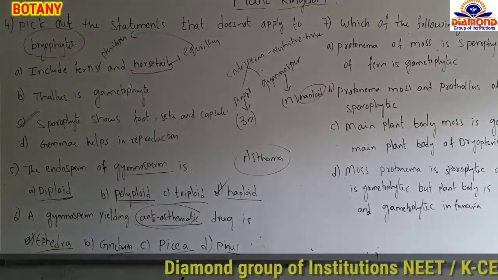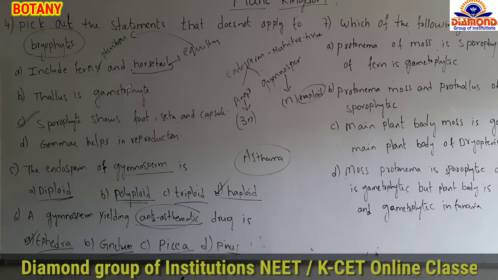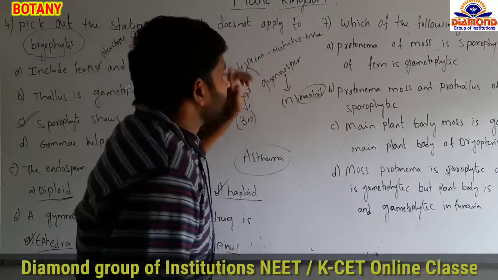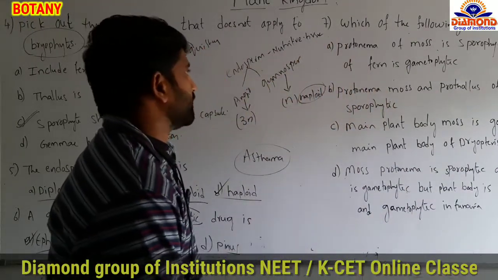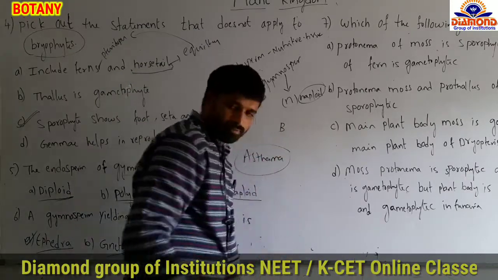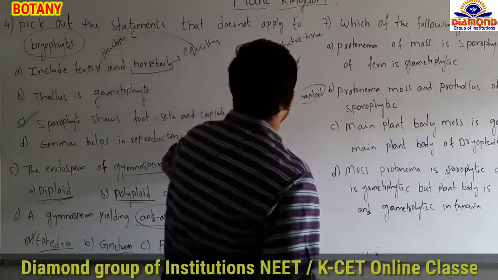Which of the following statements is correct? Option A: Protonema of moss is sporophytic, whereas prothallus of ferns is gametophytic. So you want to know the meaning of protonema and prothallus.